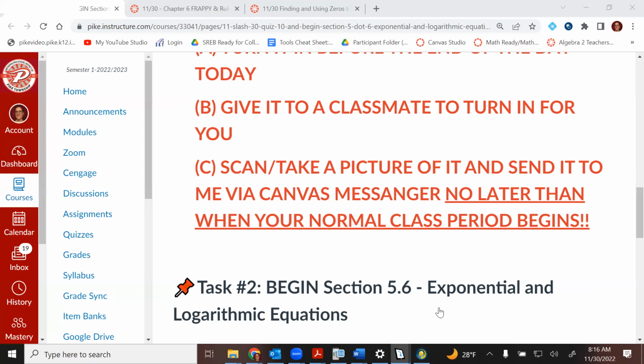I have x minus 1 equals 2x minus 2. I'm going to subtract x from both sides. Add 2 to both sides. And I end up with what? 1 equals x. Absolutely correct.